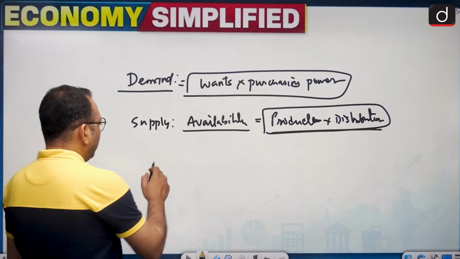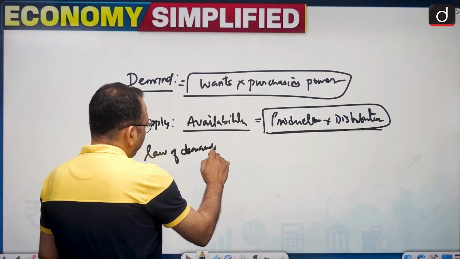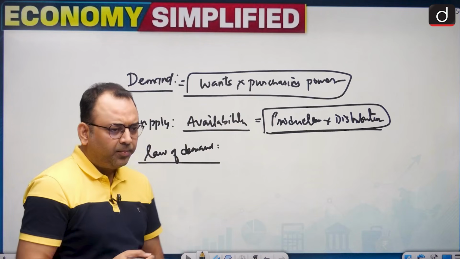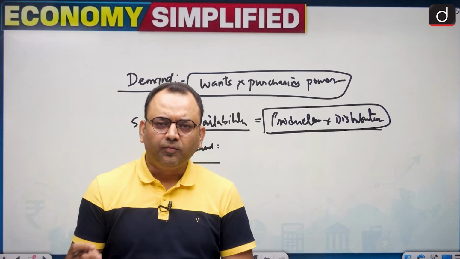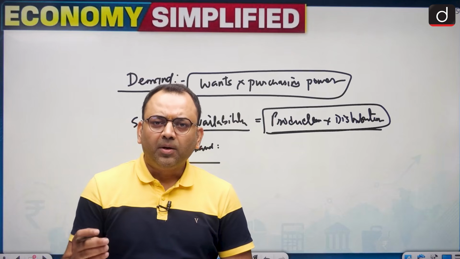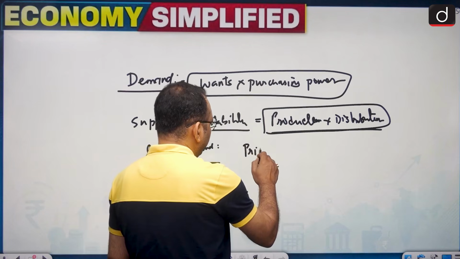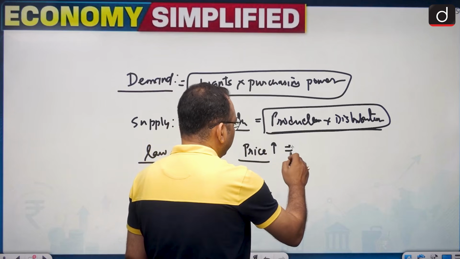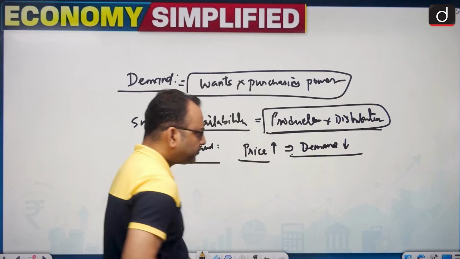Now we have a concept called the law of demand. Whenever the price of a commodity, goods or services increases, what would a normal person do? When the prices increase, usually the demand falls. Yes or no?